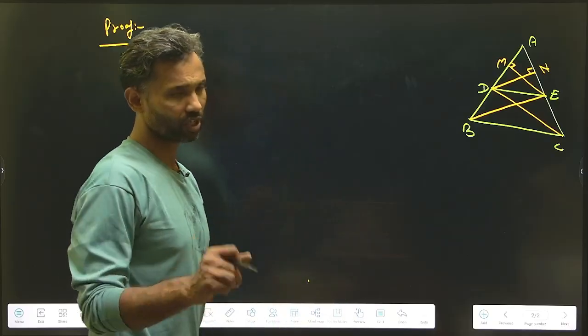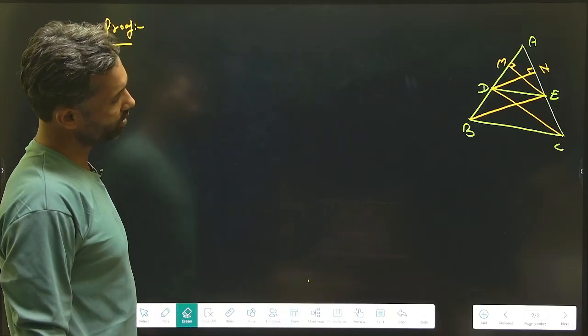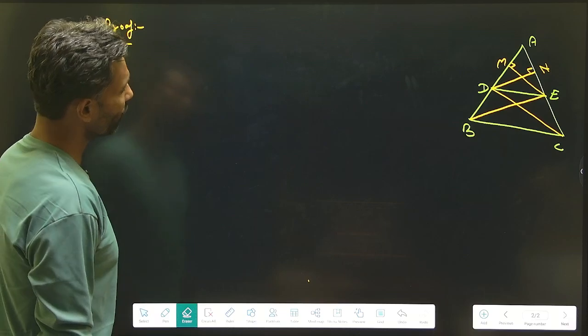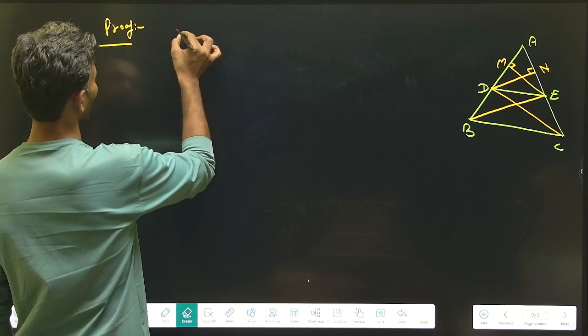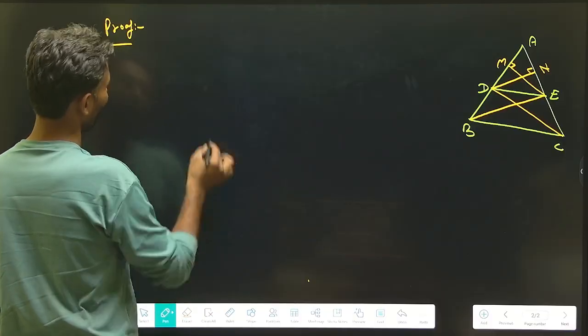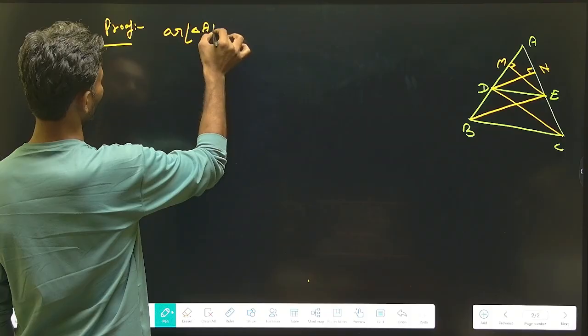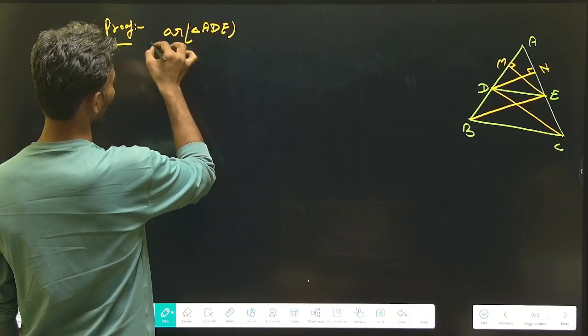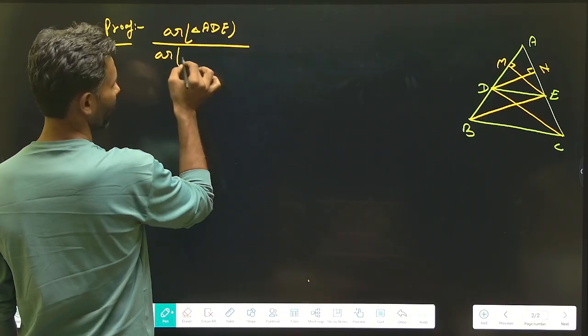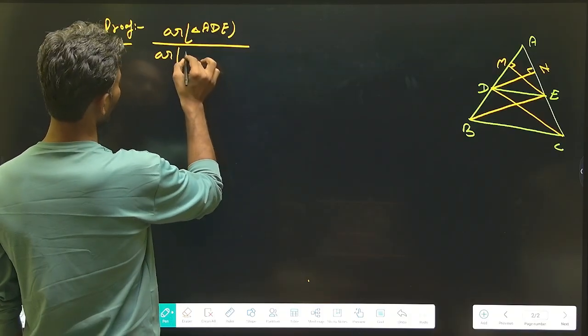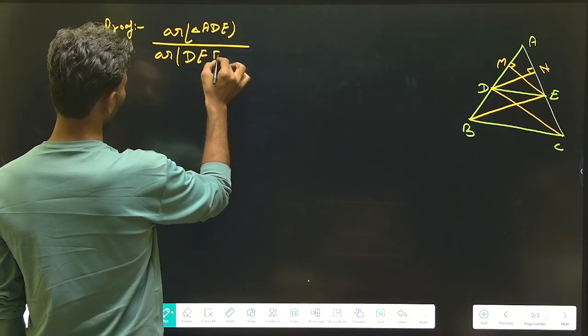Firstly, tell me, can you tell me the area of triangle ADE upon the area of triangle DEB?